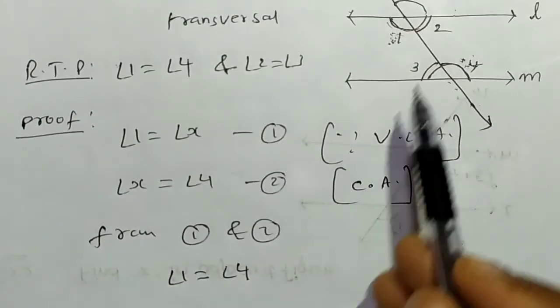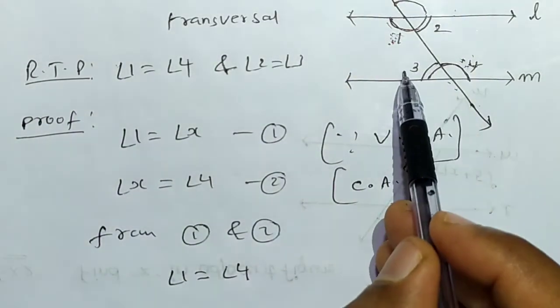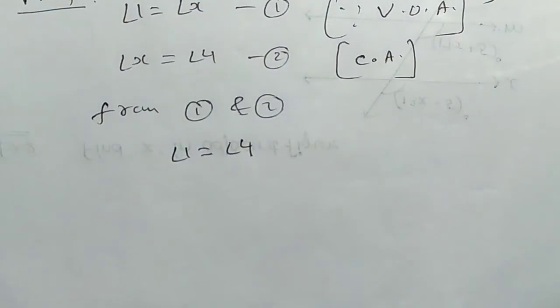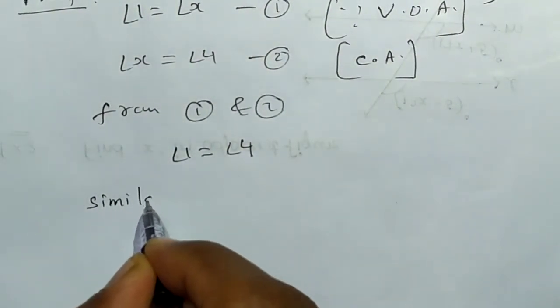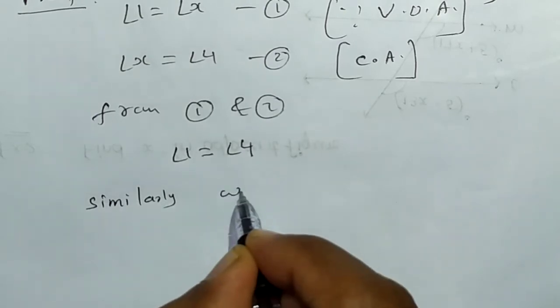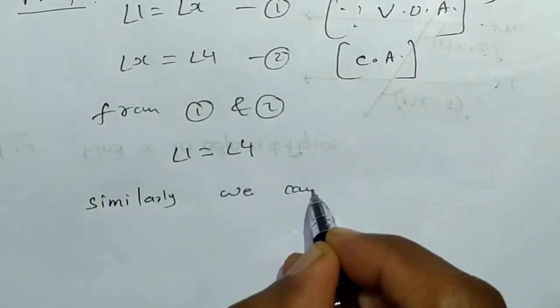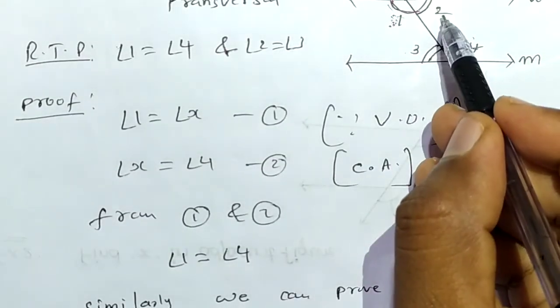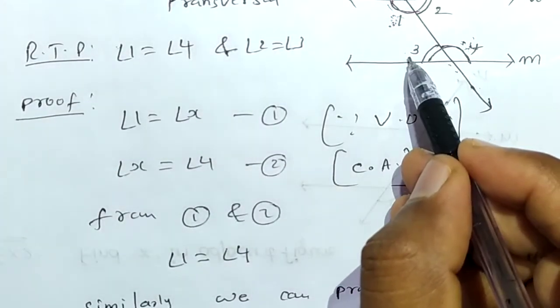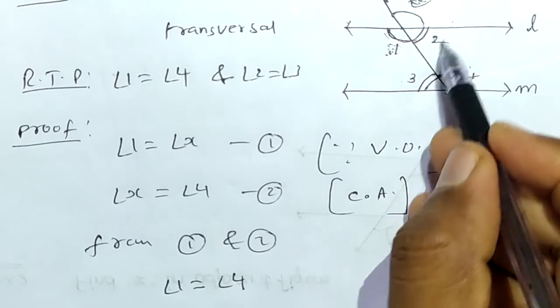Similarly, we can prove the other pair, angle 2 is equal to angle 3, right? Alternate interior angles, other pair.